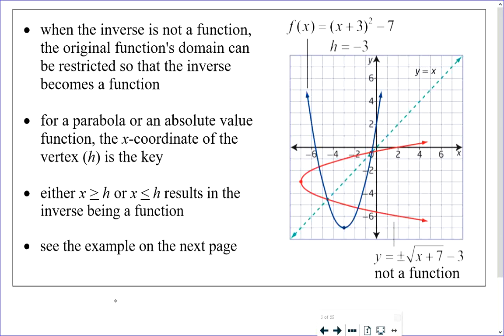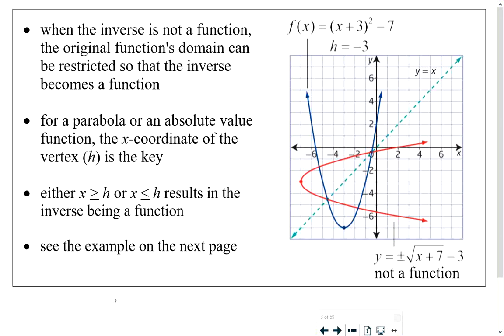You're going to get y equals negative 3 plus or minus the square root of x plus 7. And it's that plus or minus that makes this red thing not a function, because the plus part is the curve at the top, and the minus part is the curve below.